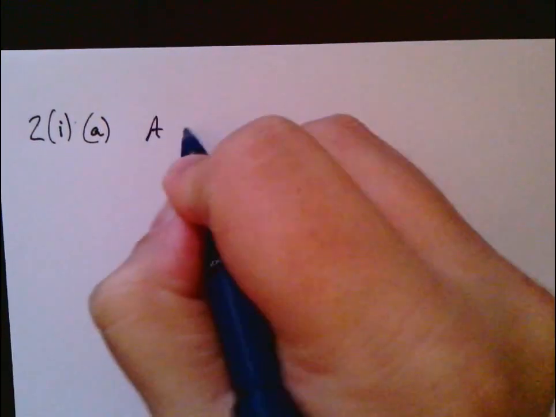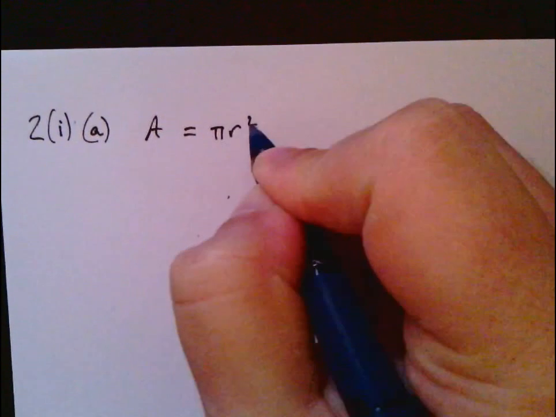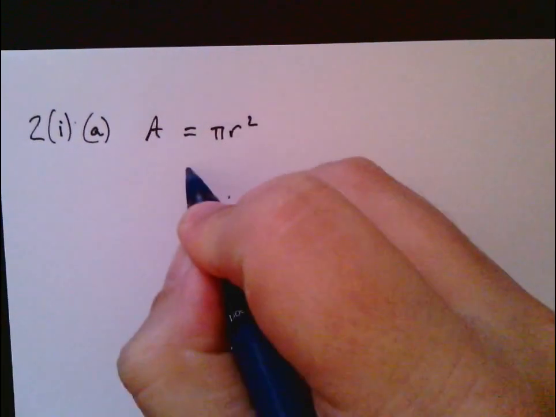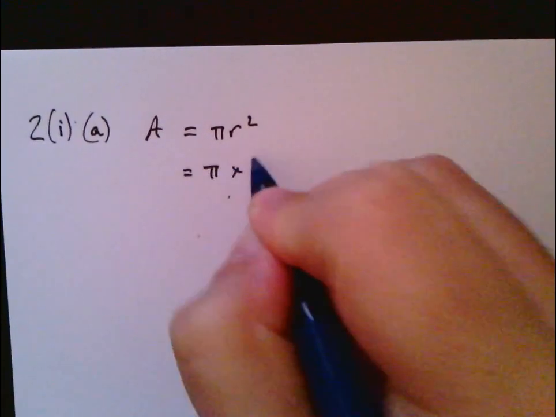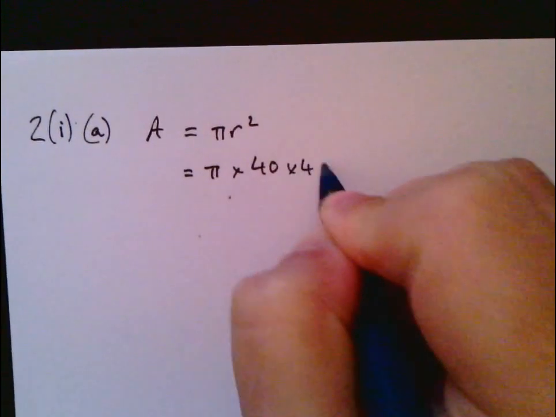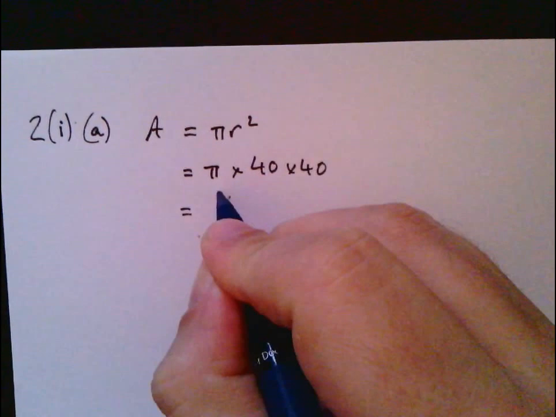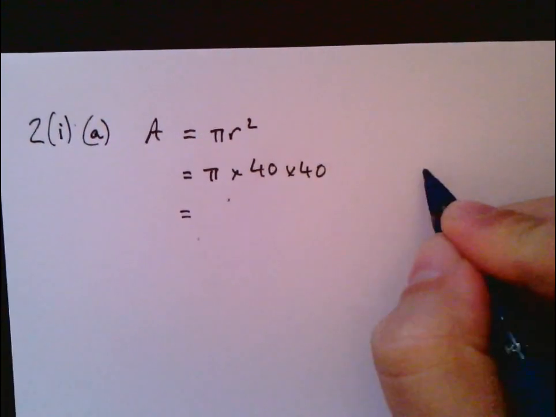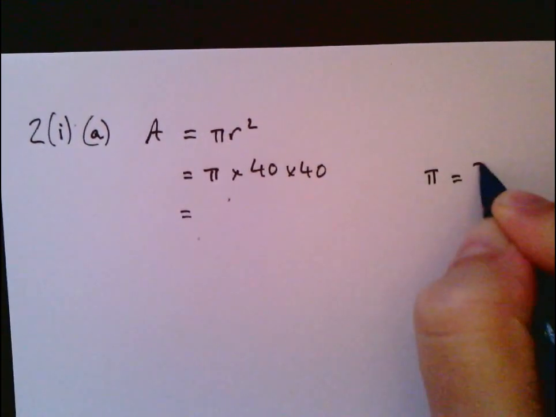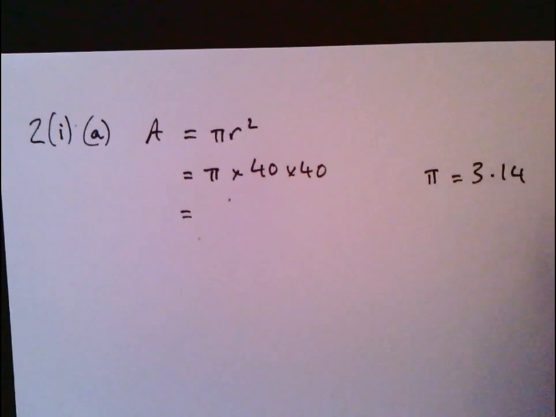So what we can do is say, well, we know that the area is pi r squared. There's our formula, which is pi times 40 times 40, which is 1,600 times pi. Now I'm going to use pi as 3.14 for the moment.